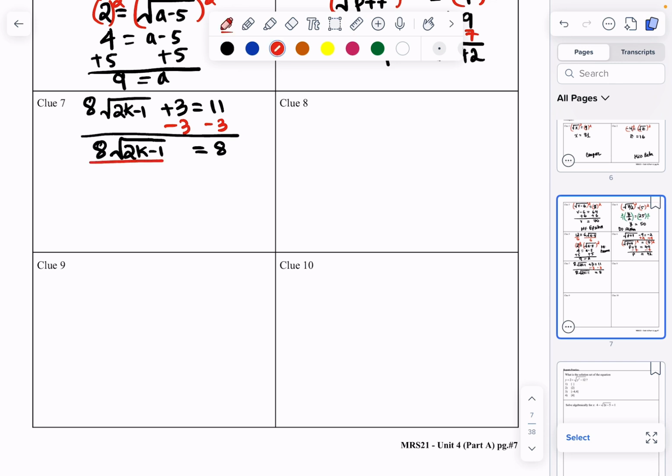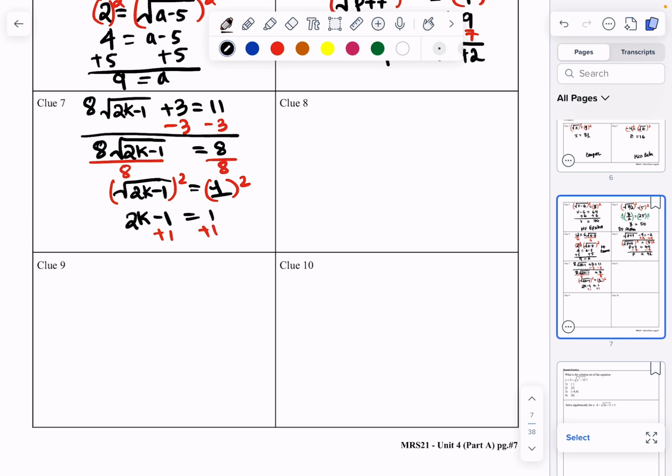Then we divide by 8 on both sides. Then we have radical 2k minus 1 is equal to 8 divided by 8 is 1. And then we have to square on both sides. We're left over with 2k minus 1 is equal to 1. We add 1 on both sides.